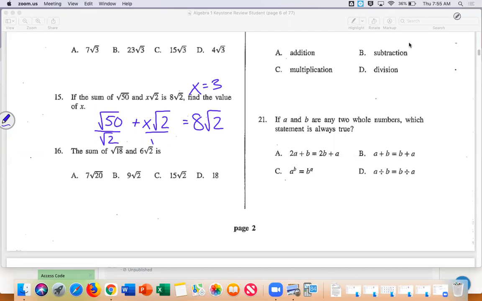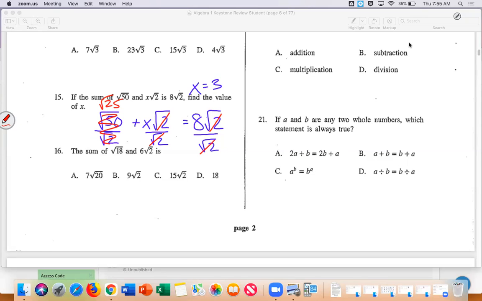So if I divide everything by root 2, watch what happens. That cancels with that, right? That cancels with that. What's 50 divided by 2? So this would not be root 50 over root 2, it would just become root 25.